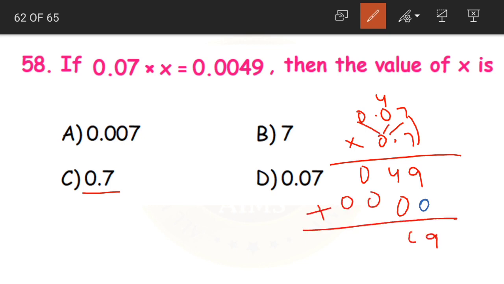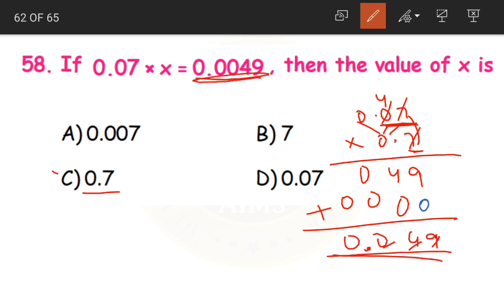When I add these together, this is my answer. And where shall I place the decimal point? We are having 3 decimal places, 1, 2, 3. So after 3 digits from the right, I'll place my decimal point here. Again, this is 0.049. It is not same as the one given in the question.